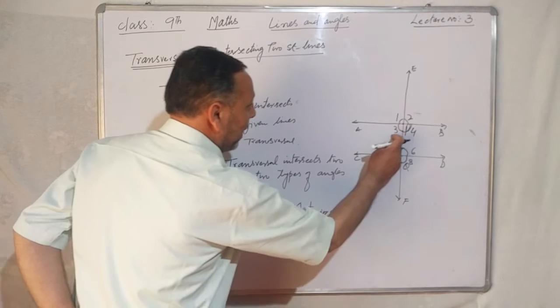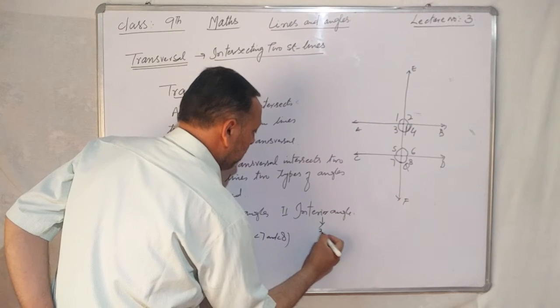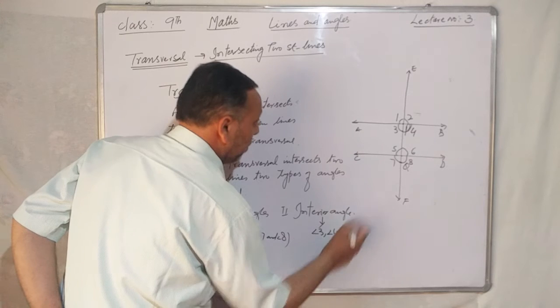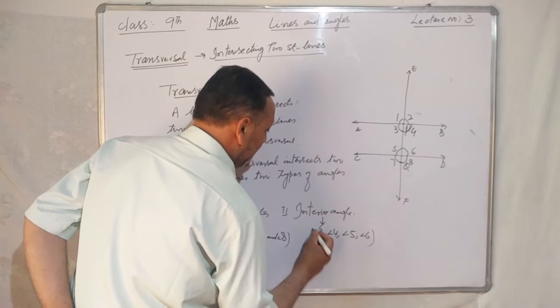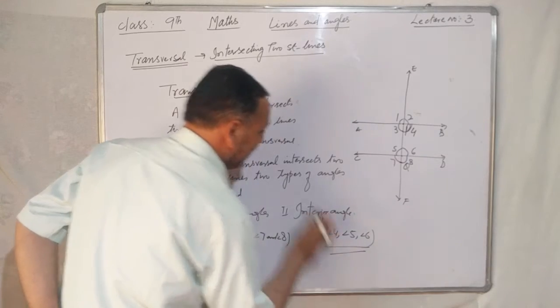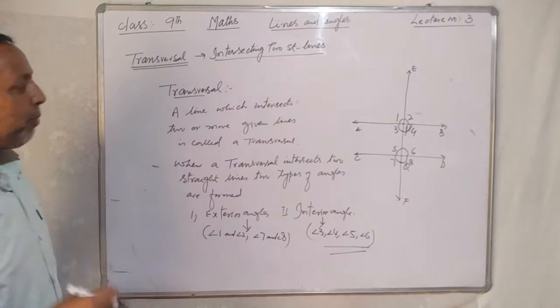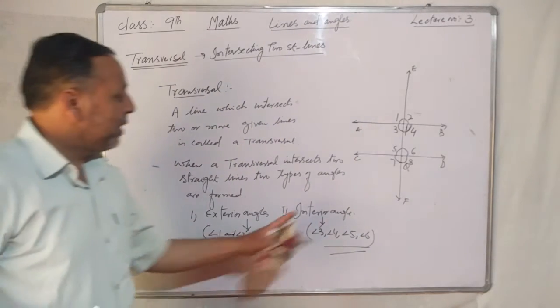And interior angles are angle 3 and angle 4, angle 5 and angle 6. These are the two types of angles: exterior angles and interior angles.